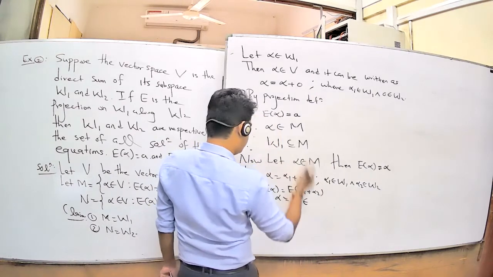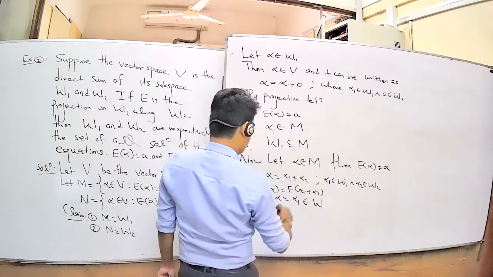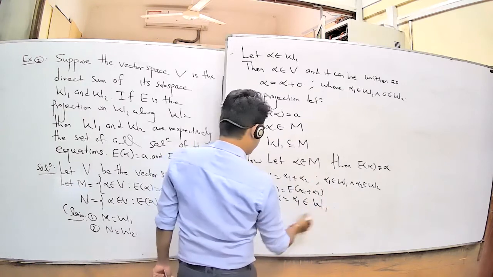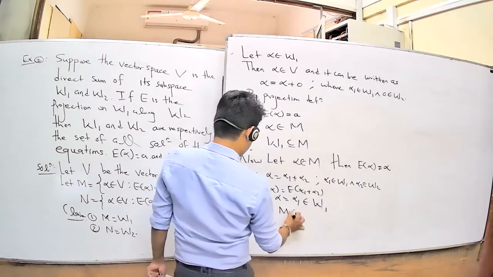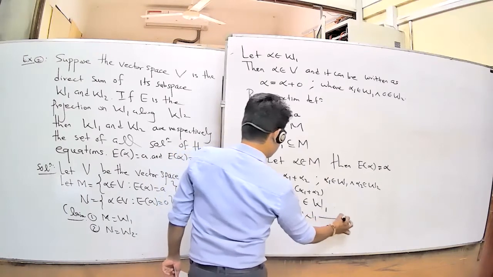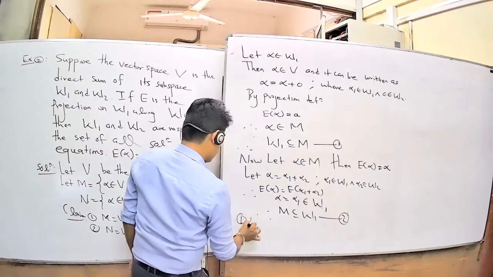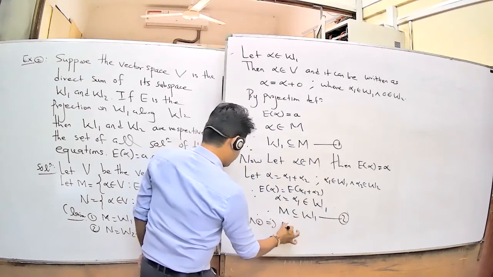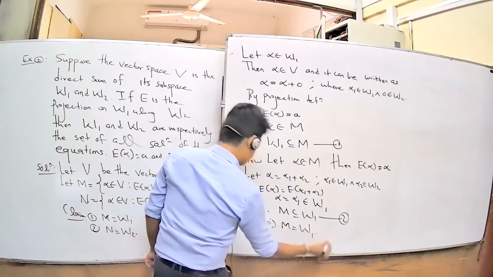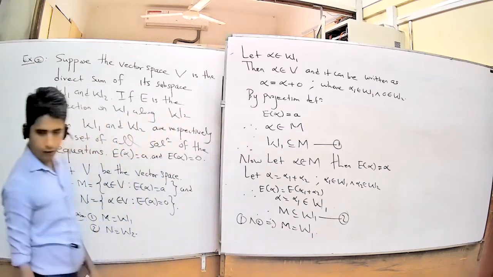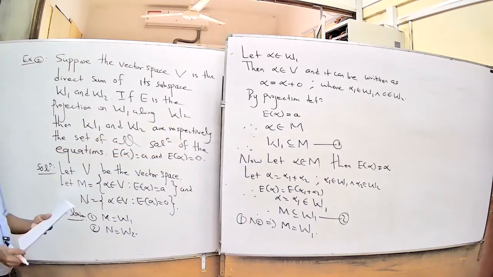Alpha 1 belongs to W1. Therefore, alpha also belongs to W1. Therefore, M is a subset of W1. Both inclusions imply M equals W1.